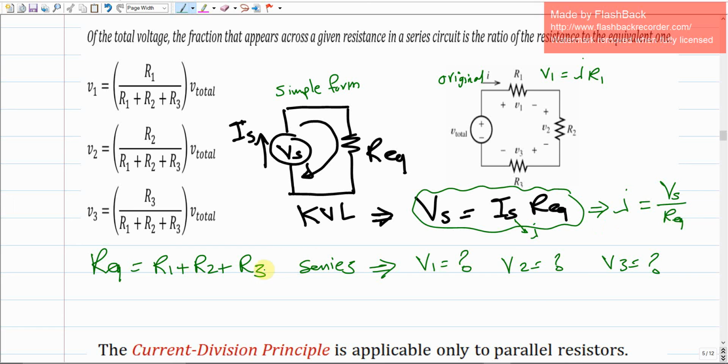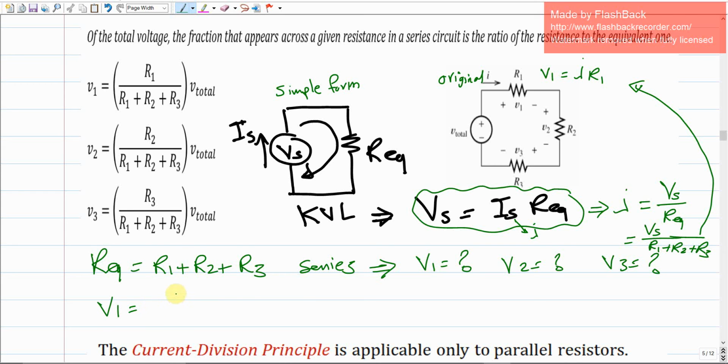How much is R equivalent that we just calculated? It is the sum of all of these resistances. Make sense? So it means that this I should be Vs divided by R1 plus R2 plus R3. Agree? So if we substitute it in this form here, how much should V1 be? V1, intuitively, just replace I with this expression.